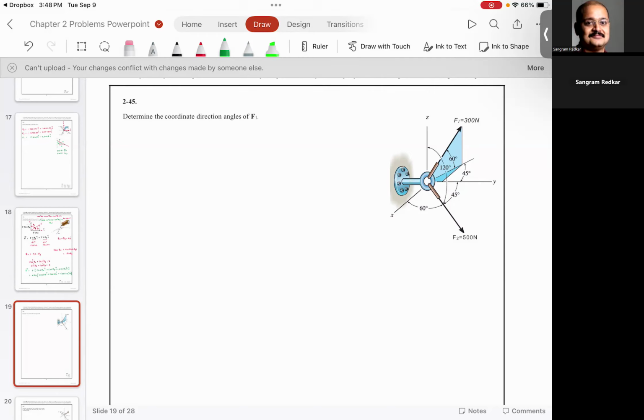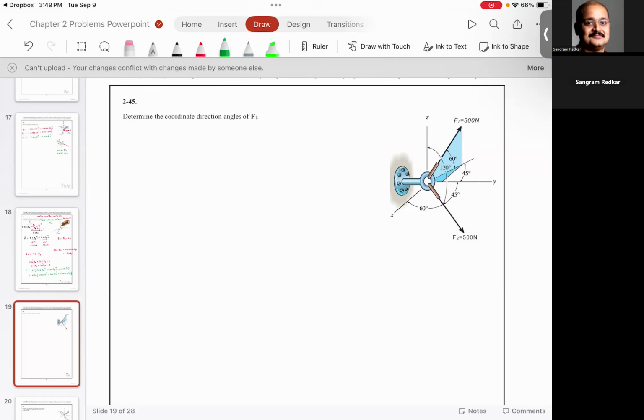The issue here is you want to be super duper careful when you identify the angles. I'll walk you through this problem. So please look at this. You have two forces, force F1 and force F2.